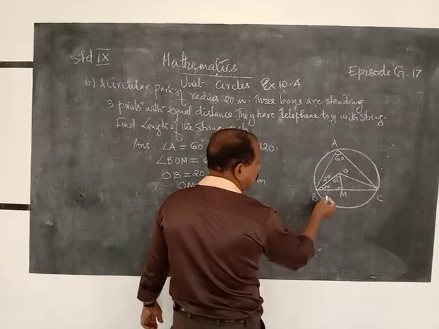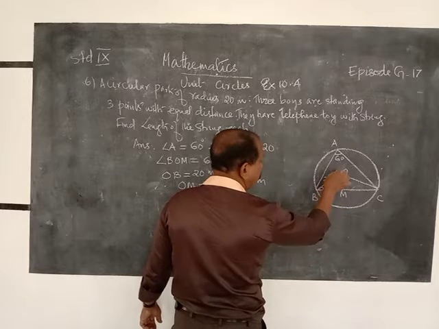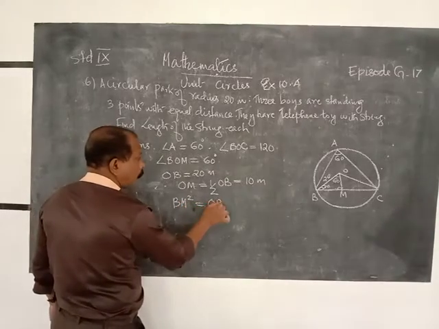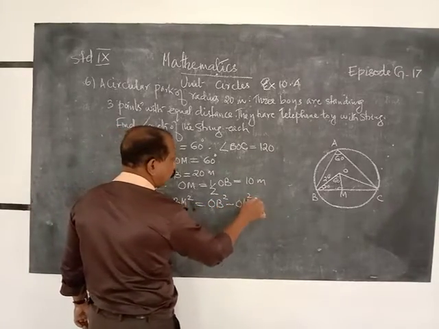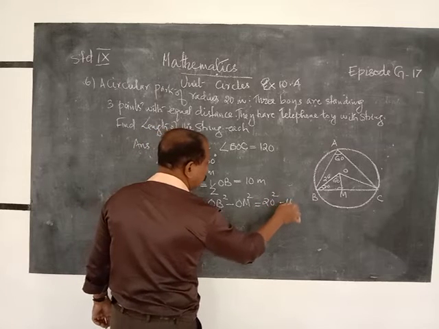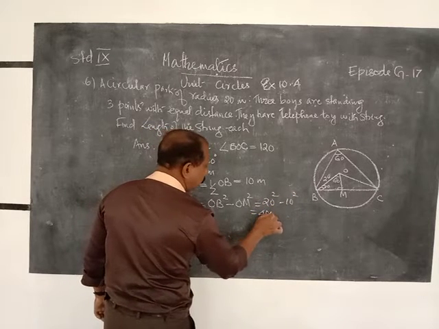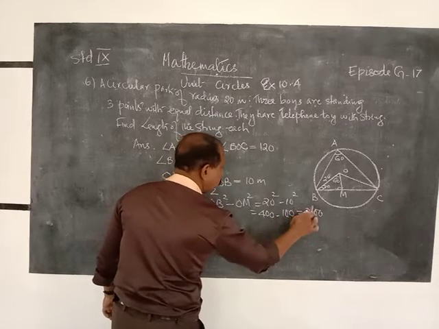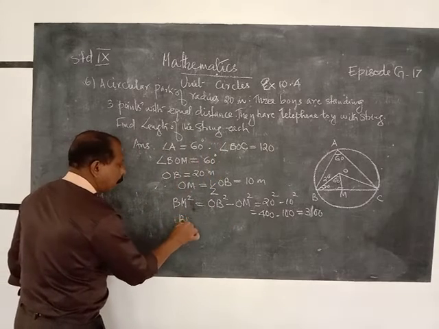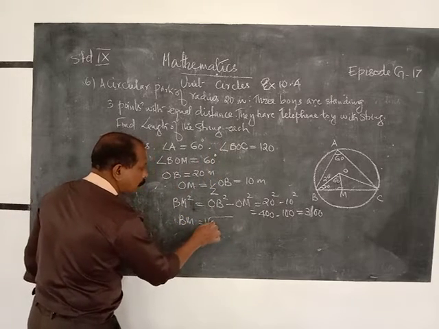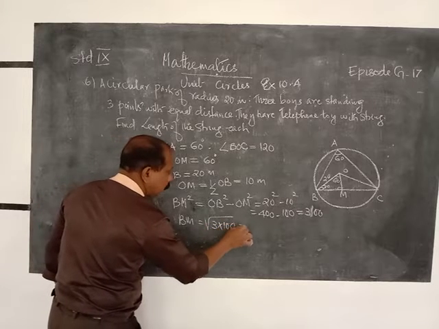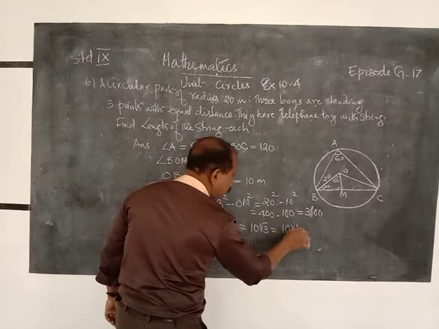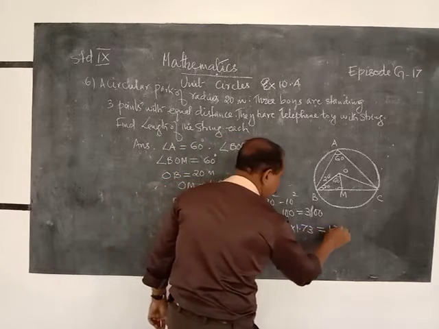By Pythagoras theorem, BM square is equal to OB square minus OM square, is equal to 20 square minus 10 square, is equal to 400 minus 100 is equal to 300. Therefore, BM is equal to root of 300, that is 3 into 100, is equal to 10 into root 3. Root 3 is 1.73, is equal to 17.3.